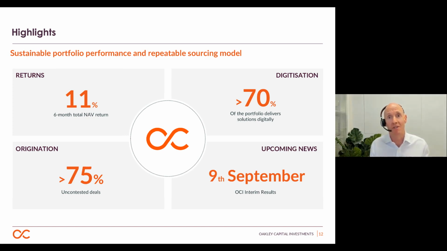That's a pretty modest value to be holding some pretty exciting companies at. We have a pipeline of about 150 investments as we sit here today, so we're not short of new investment opportunities in exactly our sweet spot. So we're incredibly optimistic about both the pipeline and the current portfolio, and that feeds through to us being optimistic about the continued NAV growth for OCI.